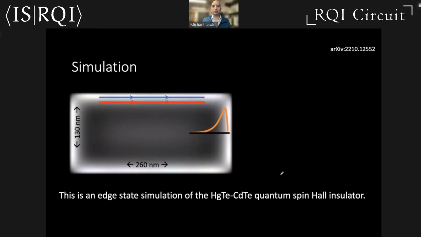Without turning on interaction, so a free Fermi gas, I can simulate a very large system: 226 nanometers is the horizontal, and 130 nanometers is the vertical axis. What I plotted here is the local density of states, which is just the wave function projection summed over the first 10 eigenstates. It gives you a sense of where the electrons are in this low energy regime. And what happens is the electrons are not present in the bulk of the material, and they only live on the edge of the material.